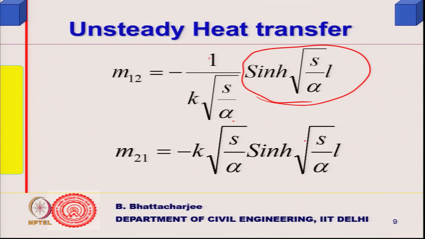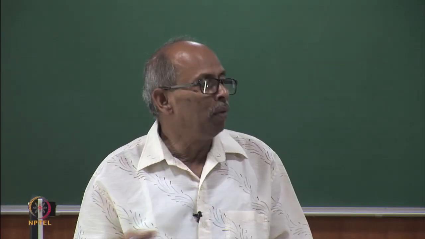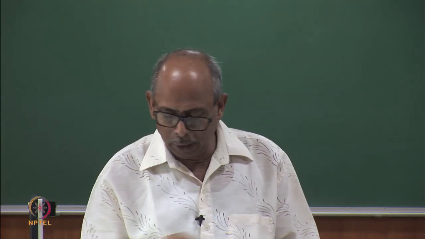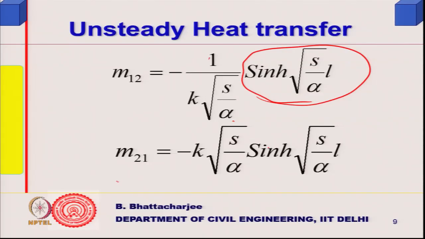Now, if you take the determinant of this matrix, you will find the determinant comes out to be 1. We will just do that right now, because M11 will be multiplied by M22 minus M12 into M21, and there are minus signs, two of them plus, and it remains minus.